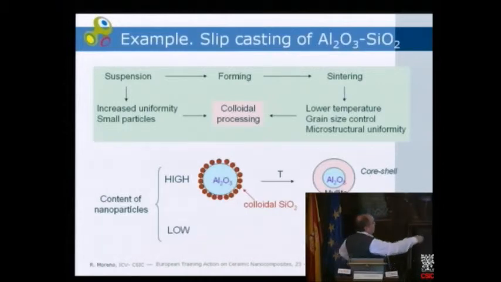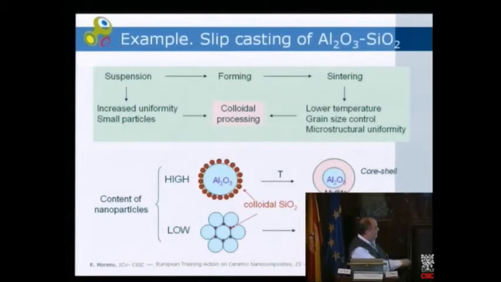And the idea, when we use a high content of second phase, is to produce an external layer of the nanoparticles surrounding the submicron size particle. And at high temperature, a core shell structure develops, and we can obtain mullite alumina composites in this way. And if the content of nanoparticles is low, what we have is the nanoparticles at the triple points, as in the beautiful microstructure shown yesterday by Professor Moya.